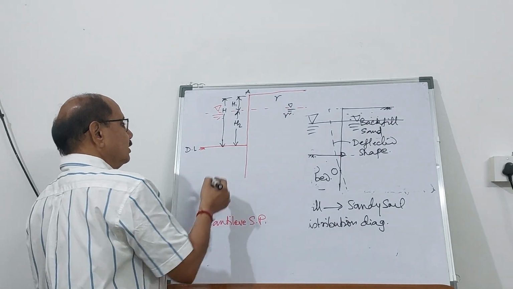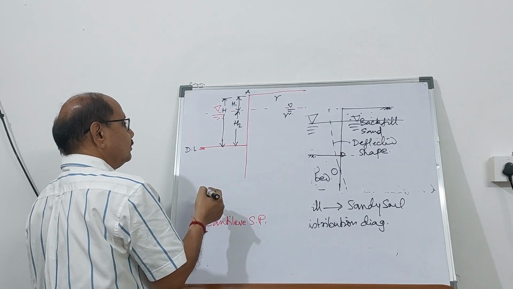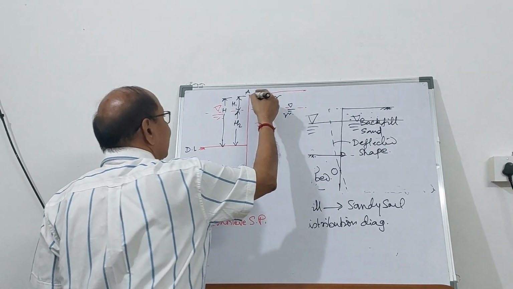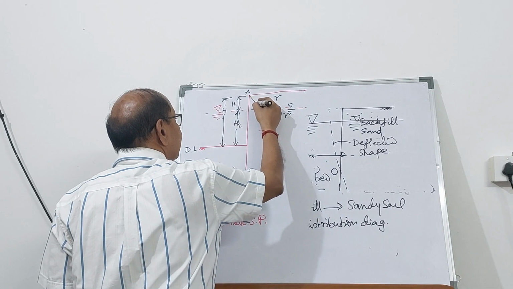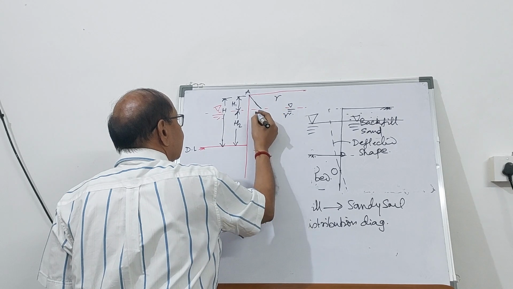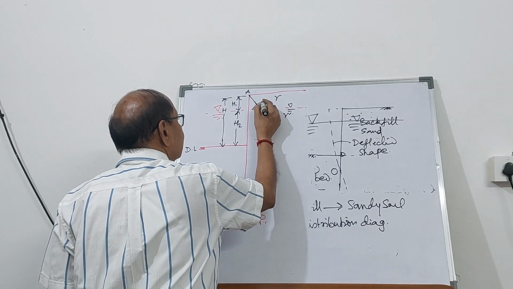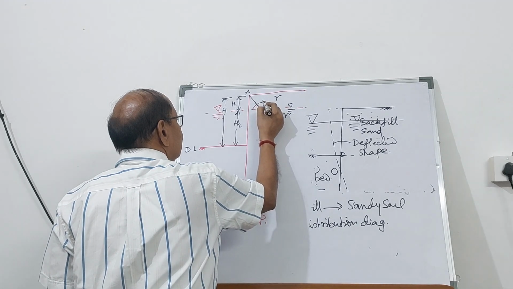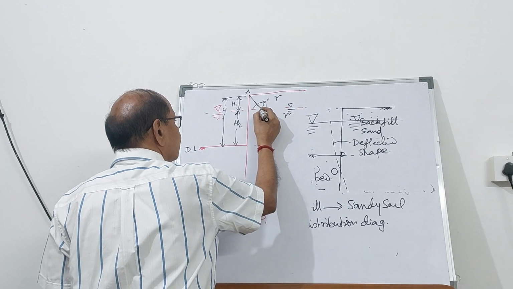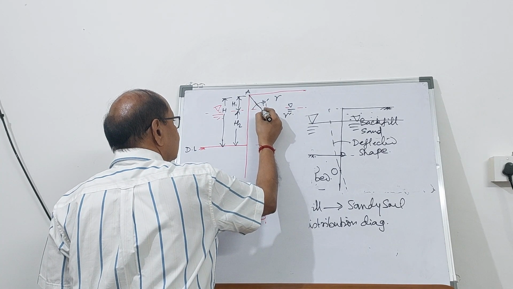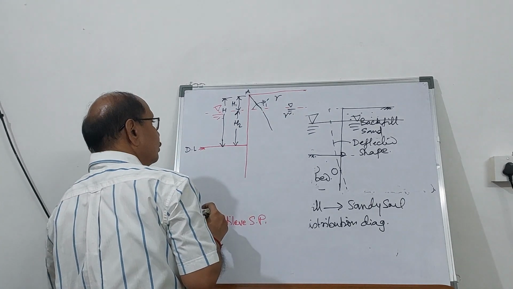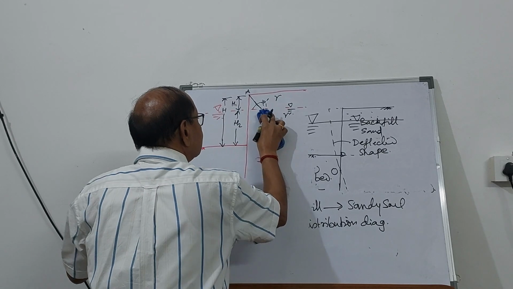And the pressure will be varying up to h1. The lateral pressure is going to be here. It is going to be P1 prime in terms of effective pressure, and then it could be drawn like this.